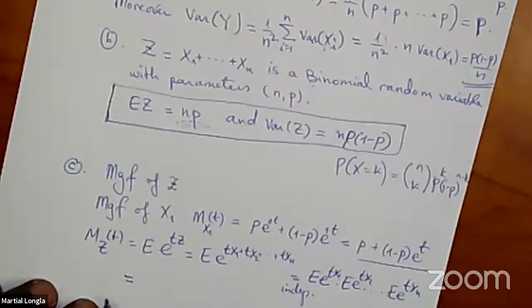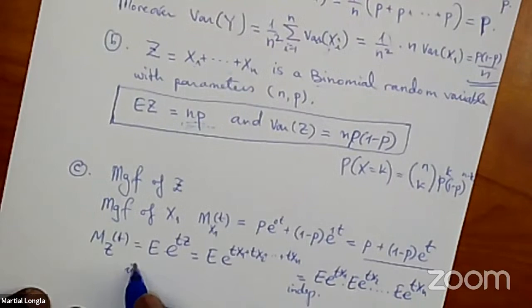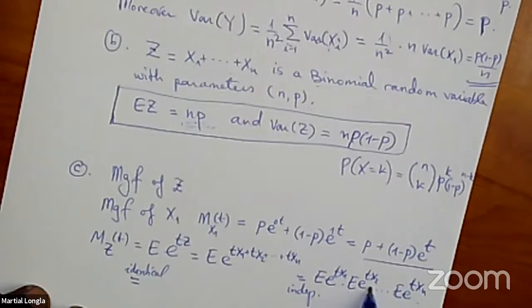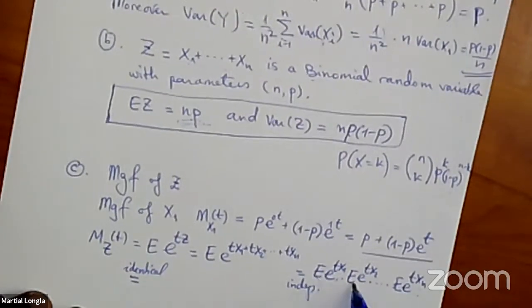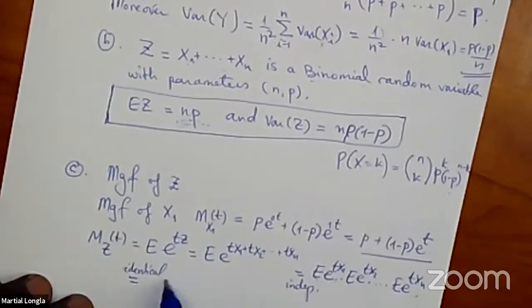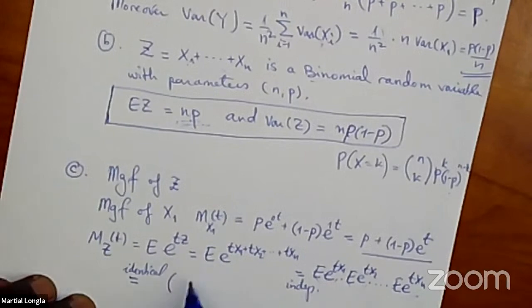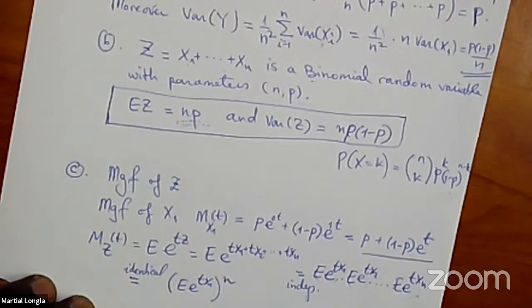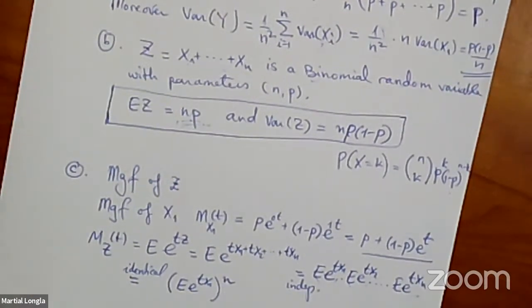which is equal, identical. They have the same distribution. X1, X2, all the way down to Xn have the same distribution. So these moment generating functions are the same. So that is just equal to expected value of e to the tX1 raised to the power n, because it's the same function multiplied n times.